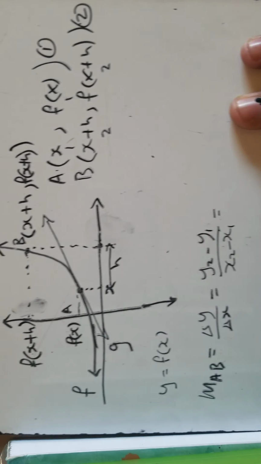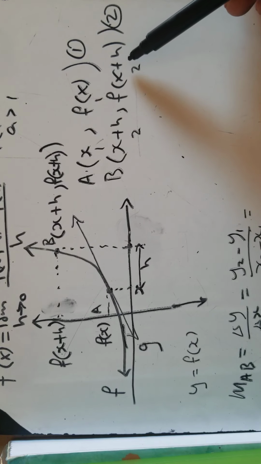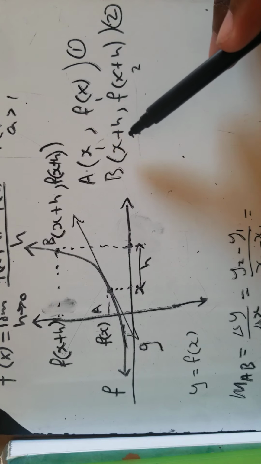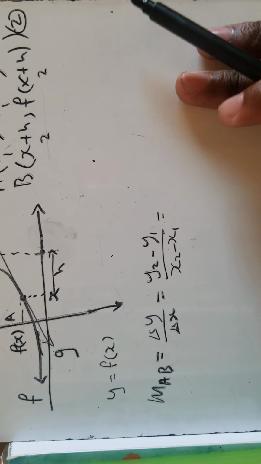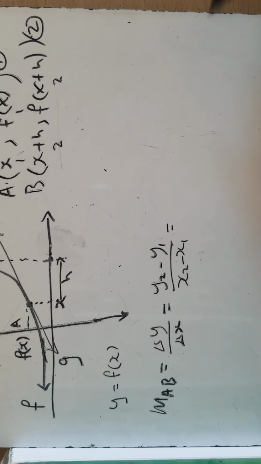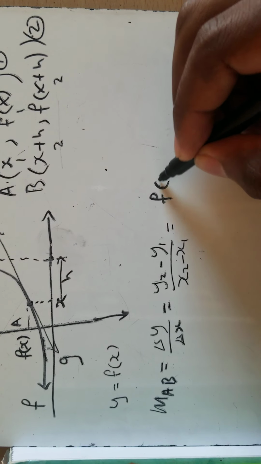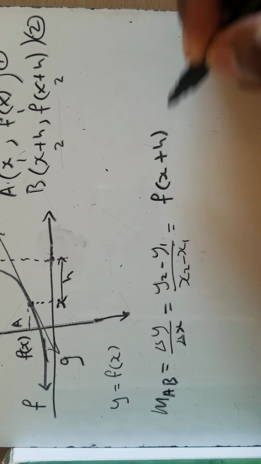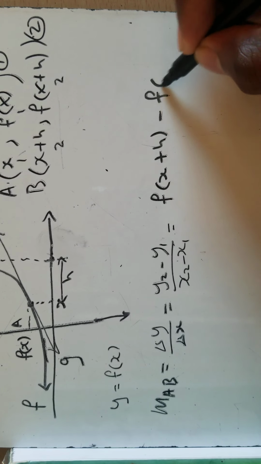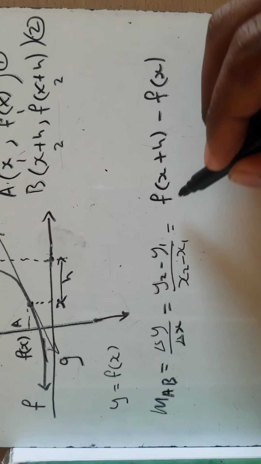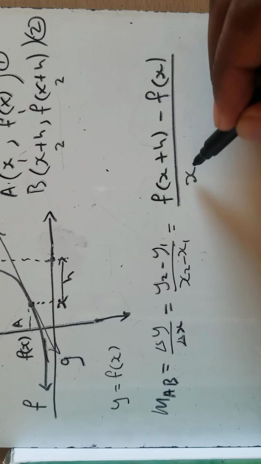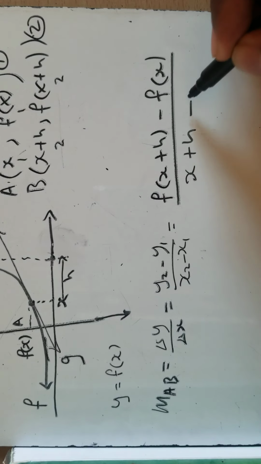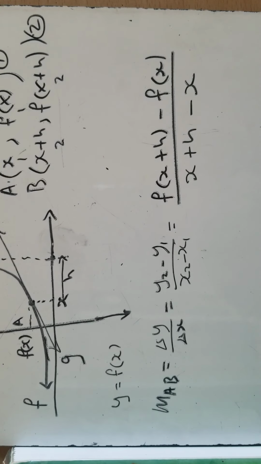We agreed that this is our y2, this is our y1, this is our x2, and that is our x1. So coming into substitution, our y2 will be f of x plus h, minus f of x, which is y1, all divided by x2, being x plus h, minus x.